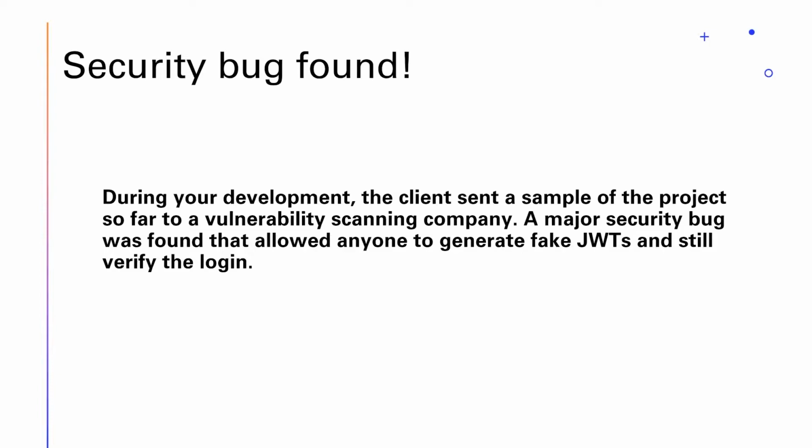Now, you remember multiple episodes back, we implemented our login and verification system, and we used JSON Web Tokens, JWTs, to verify that the user's requests came from a specific user. When we created our JWTs, we assigned them an encryption and encrypted them using that.